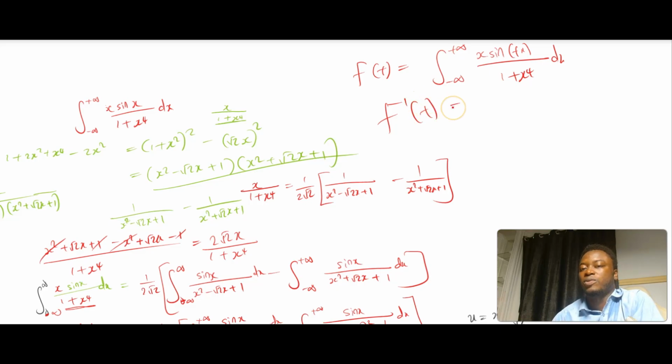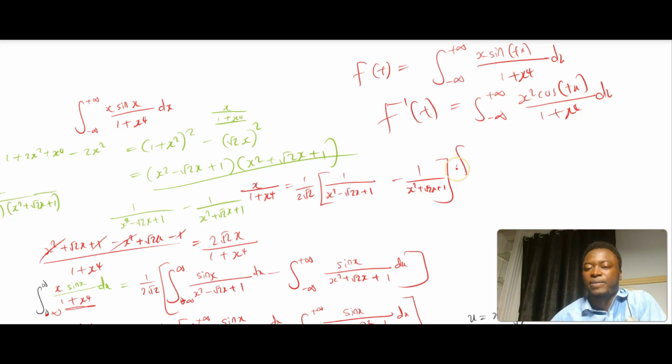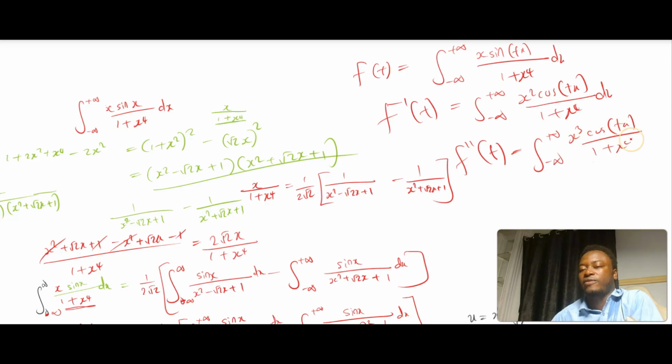F prime of t will produce the integral from negative infinity to plus infinity of x squared cosine of tx all divided by 1 plus x to the fourth dx, and then f double prime of t would produce the integral of x cubed cosine of tx all divided by 1 plus x to the fourth dx.